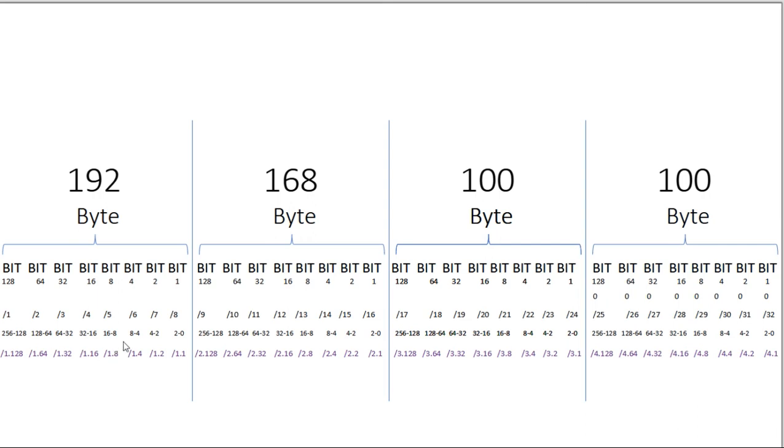Even a second grader would have been able to calculate the network immediately without any calculator. However, they decided to go with this super complicated and useless, in my opinion, CIDR notation, which is /25.